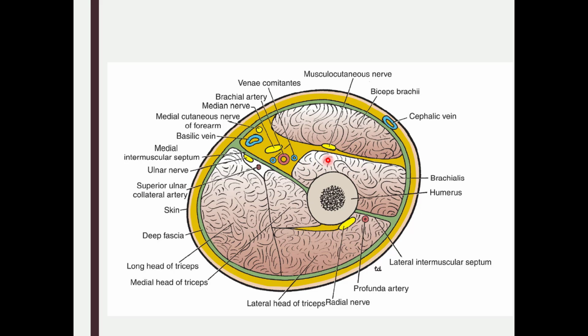This is the anterior compartment and this is the posterior compartment, each having its own nerve. See here, this is the nerve of the posterior compartment and this is the nerve of the anterior compartment of the arm. Again they will have their separate arteries.